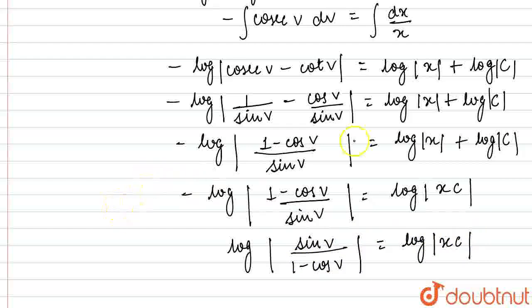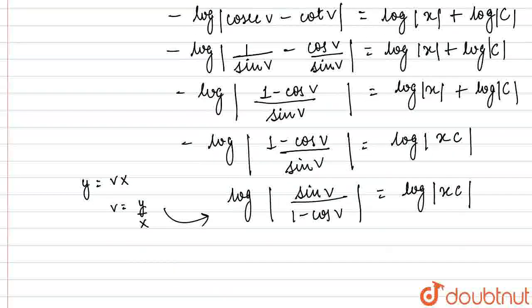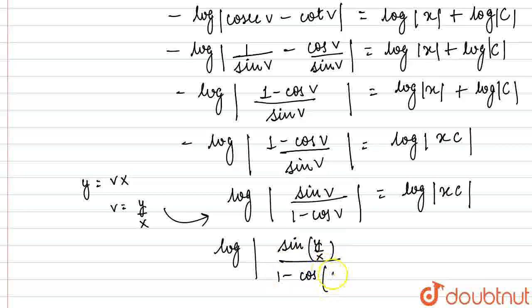Now again, we have assumed y is equal to v times x, so v is nothing but y by x. So now put this here in the place of v, so I'll get log mod of sine y by x divided by 1 minus cos y by x, and this is equal to log mod of xc.